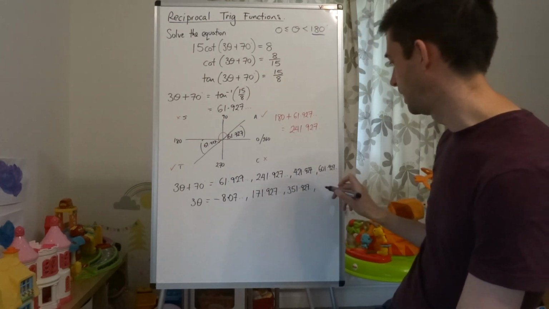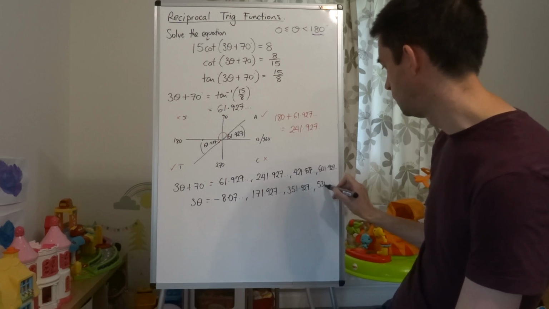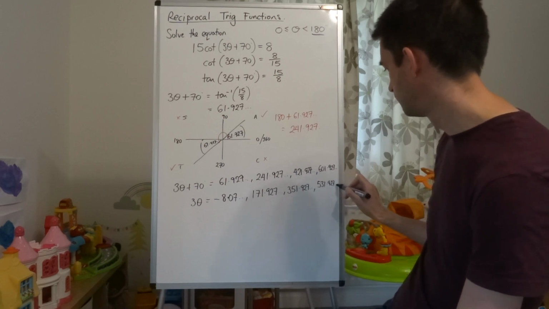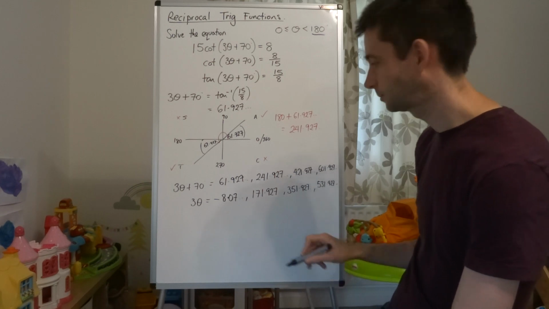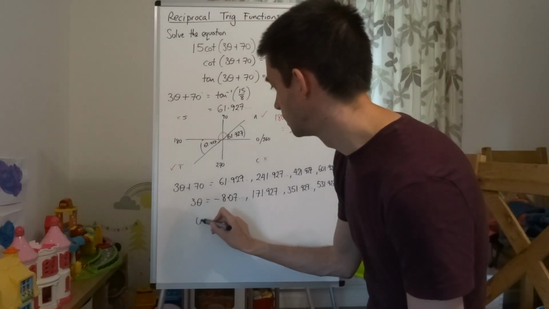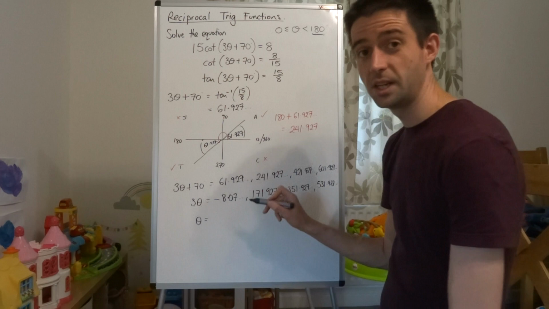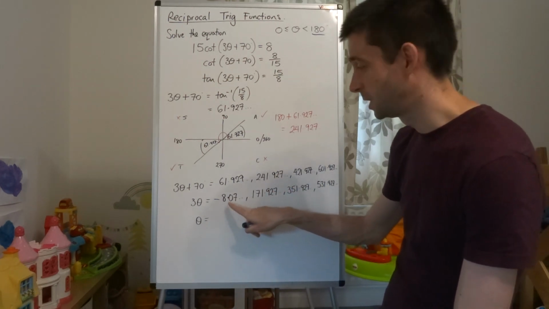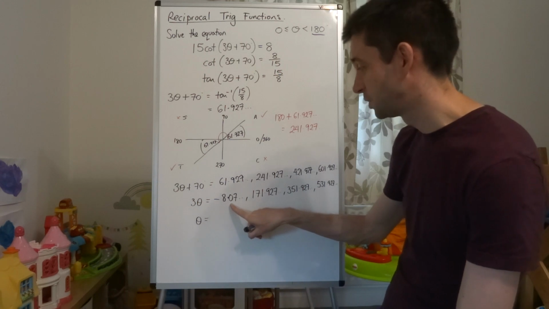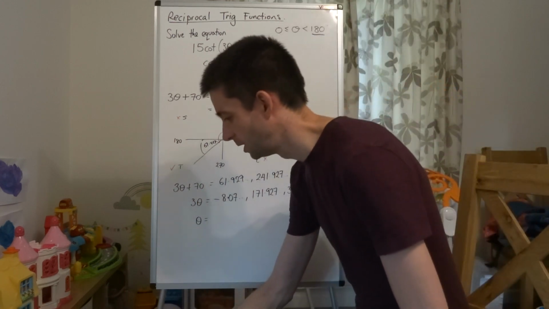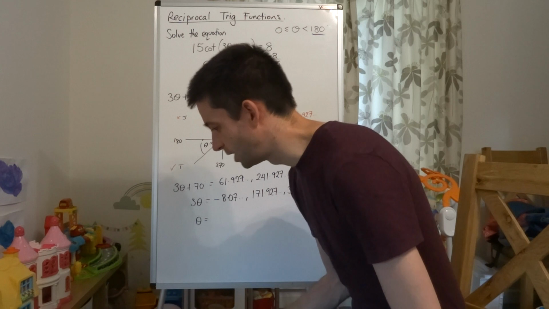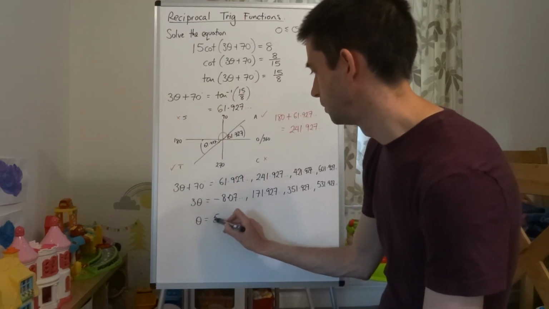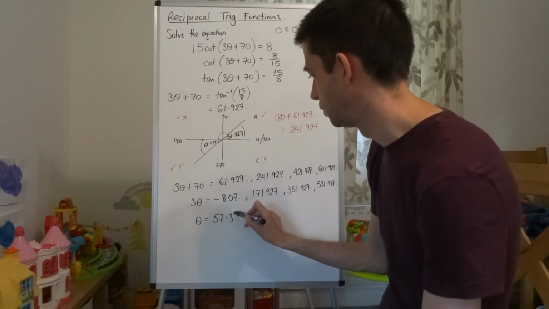And this one here, we're going to get 531.927. And all I need to do now is to divide each of them by 3 to get theta. I'm not going to bother with the negative one because it's going to be a negative value outside the range. So I'm going to start with this one, dividing that one by 3. We get to 1 decimal place, 57.3.